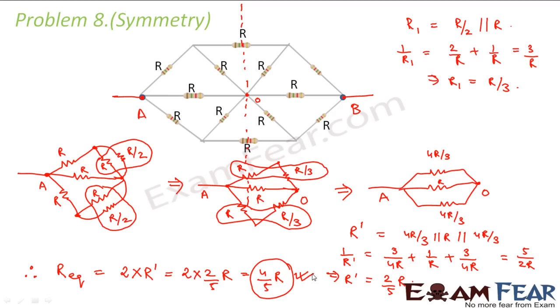If we want to calculate the equivalent resistance between 2 points, and if there exists an axis perpendicular to the line joining the 2 points, for example, here we want to find out the equivalent resistance between point A and B. So the line joining A and B is AB. So if you have a line which is perpendicular to AB and which divides the entire circuit into exactly 2 halves such that they are exactly symmetrical.